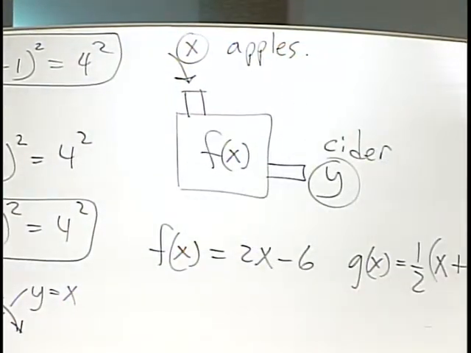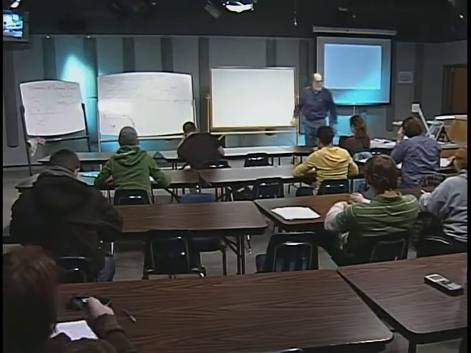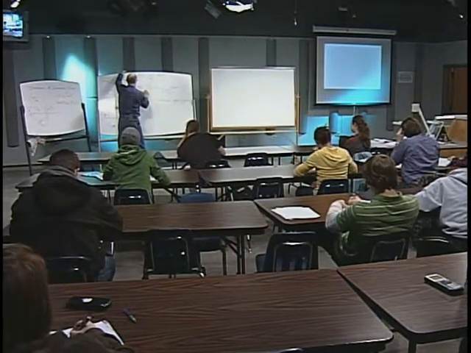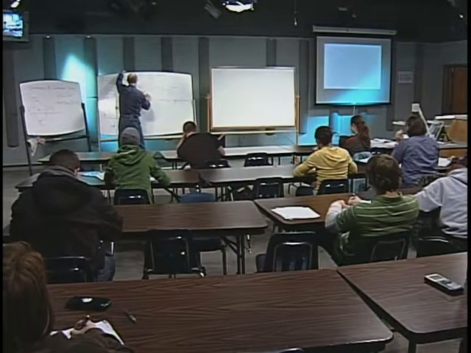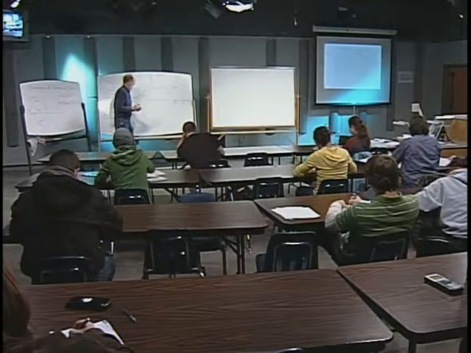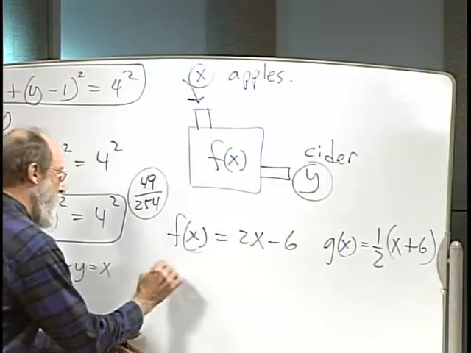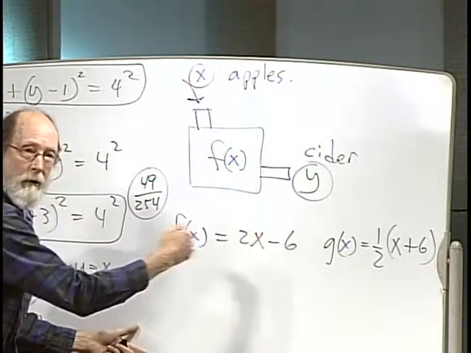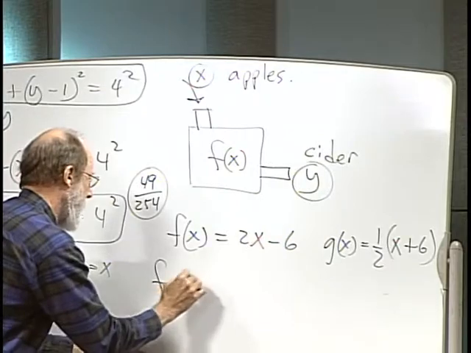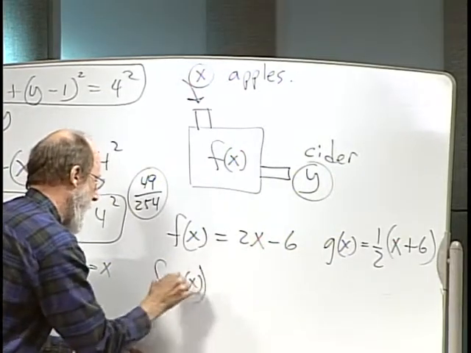This is number 49 on page 254 in your book. Okay. Now what they asked people to do here was the following. Take one function and put it into the other like we studied in the last session. So let's form f of g of x and see what happens.